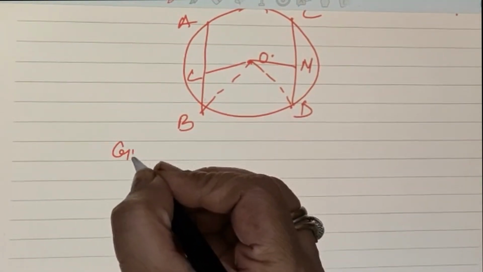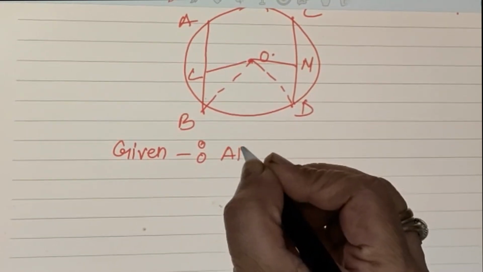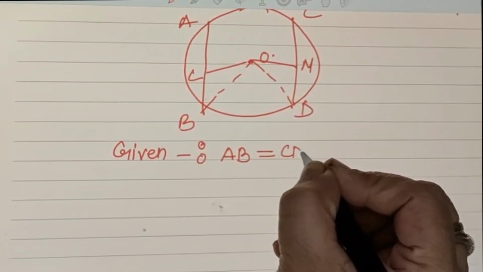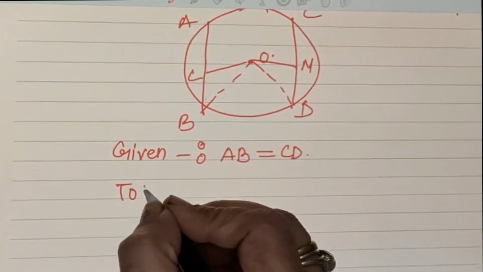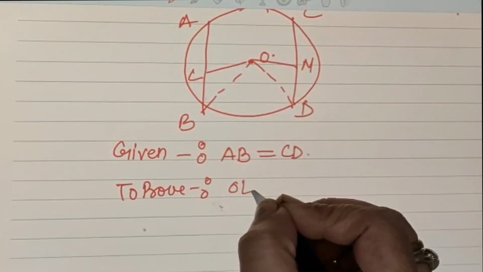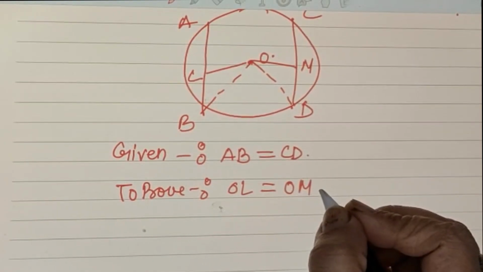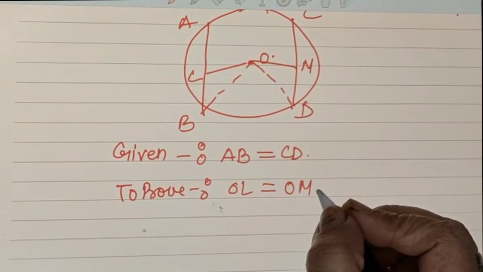Starting with the solution. First I am writing the given condition. Given condition is AB and CD are equal. What to prove? Distances from the center are equal, which is OL is equal to OM. First listen to me clearly and then do it. Then you will understand each and every part.